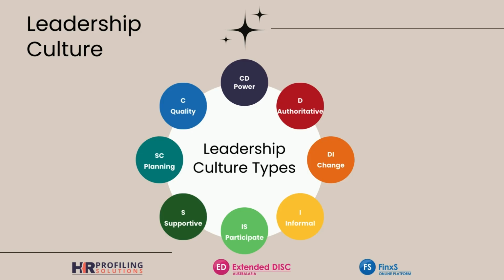You can just see here. I'm not going to go into it just because of time constraints. But when we look at effective leadership, we can understand that it does come from all around the diamond here. Okay, so I say diamond, but all around the diagram. There is no one style that is more successful at all. Each leadership type brings their own unique strengths, their own development areas, and their own leadership culture.